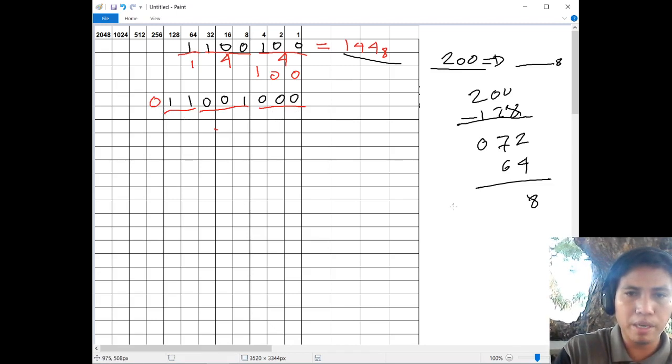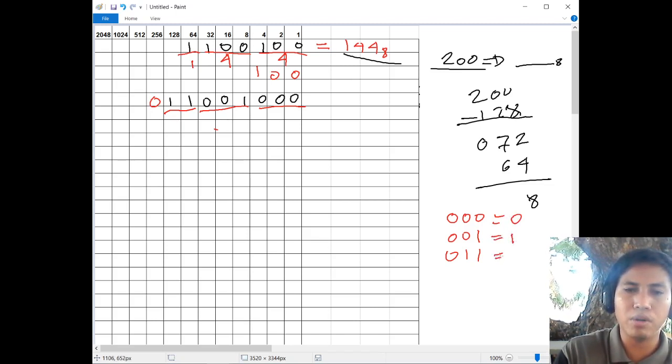So this will basically become 0, 0, 0, 0, 0, 1, and 0, 1, 1. The value of 0, 0, 0 is 0. The value of 0, 0, 1 is 1, and the value of 0, 1, 1 is 3. How did I get that one? By using this. So 0, 0, 0 is actually 0.